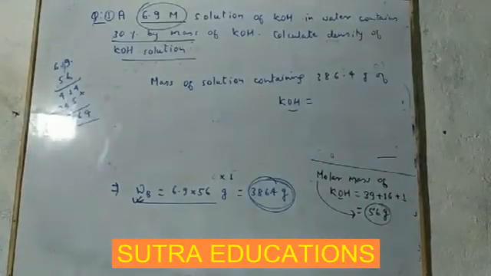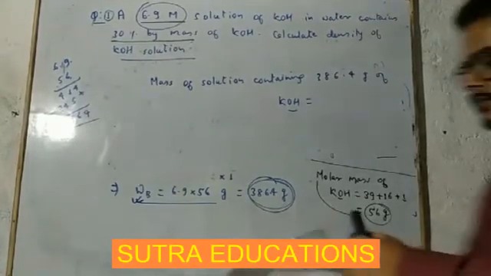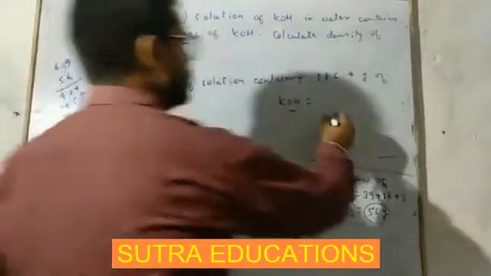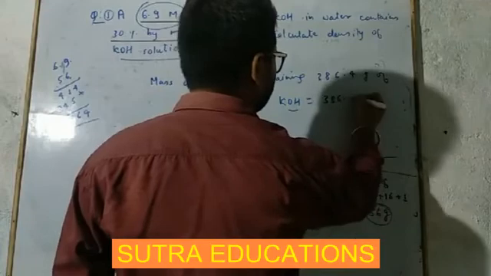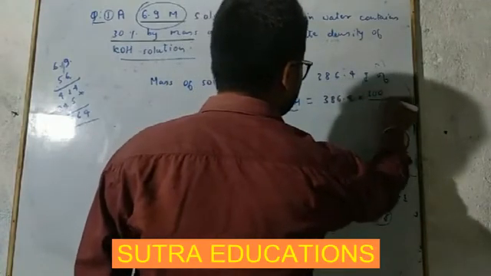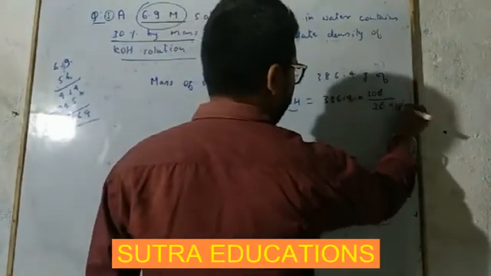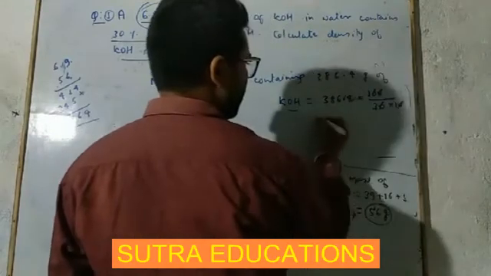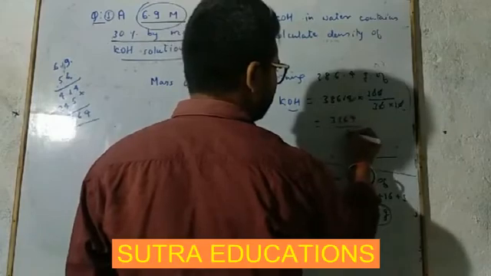Mass of solute is equal to 386.4 gram, so it will be 386.4 multiplied by 100 upon 30, which means 3864 divided by 3.